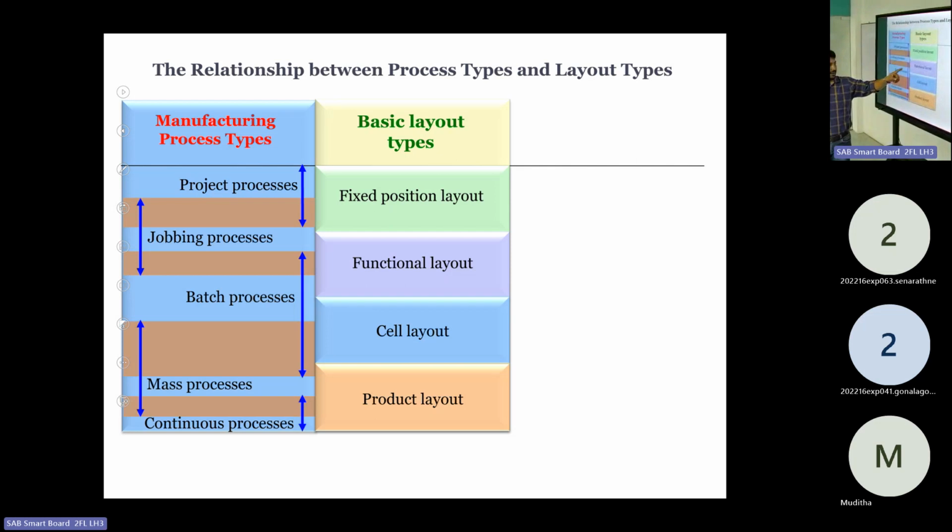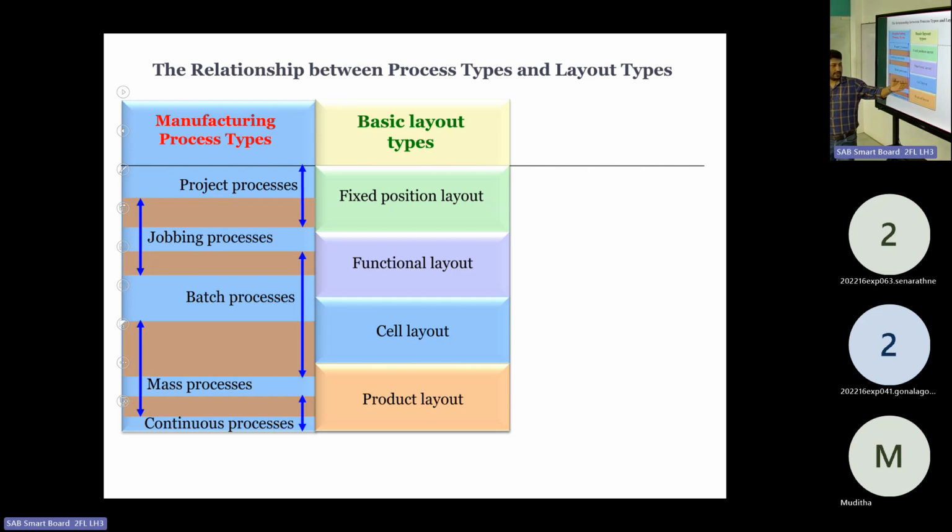So the main layout type for batch processing is functional layout. And you may see somewhere here, right? The arrow continues to product layout also. Can you see that? It's not a mistake. That means for certain batch processing, even product type layouts are possible. When we discuss, you will understand what it is.